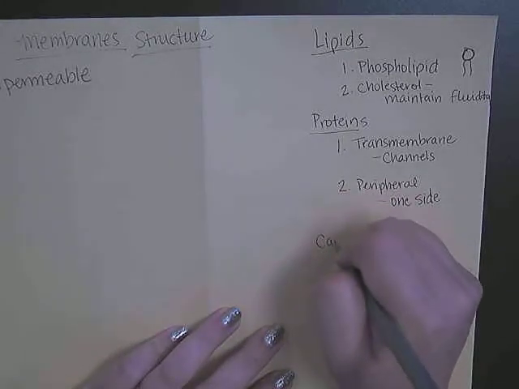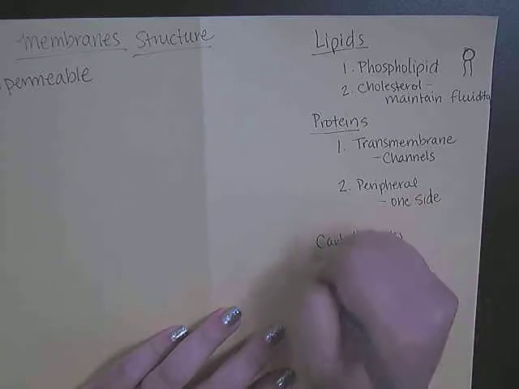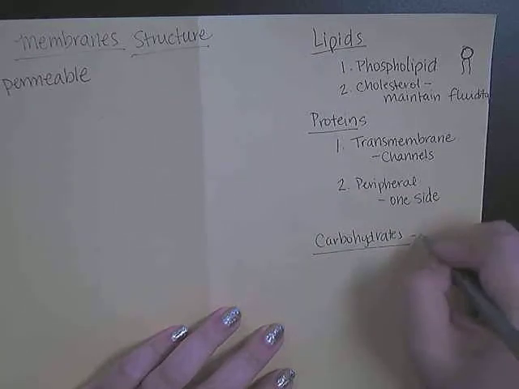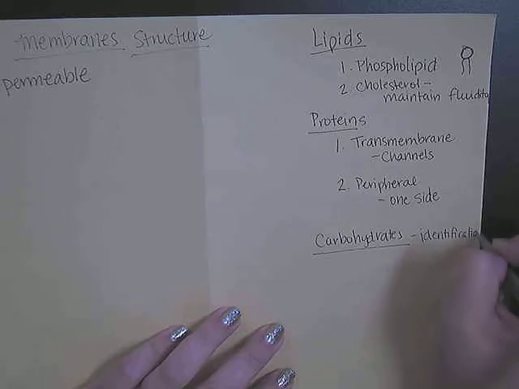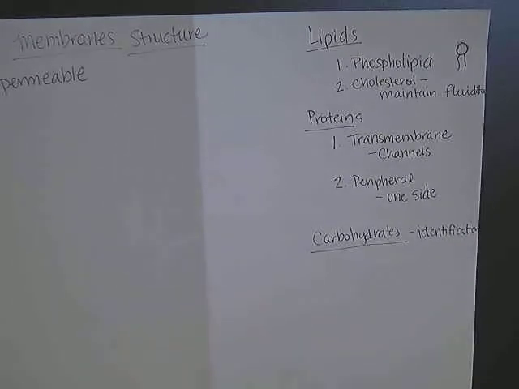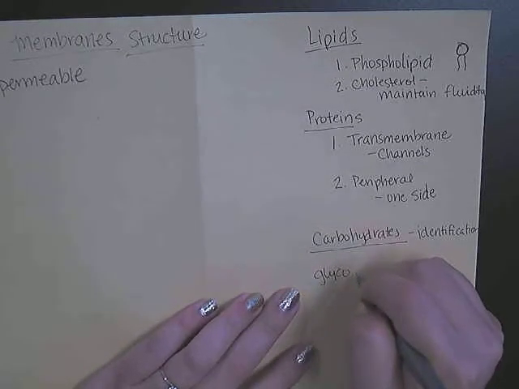So let's go ahead and write that down. So your carbohydrate chains are going to be used for identification. And if it's a protein and a carbohydrate together, we call them glycoproteins.